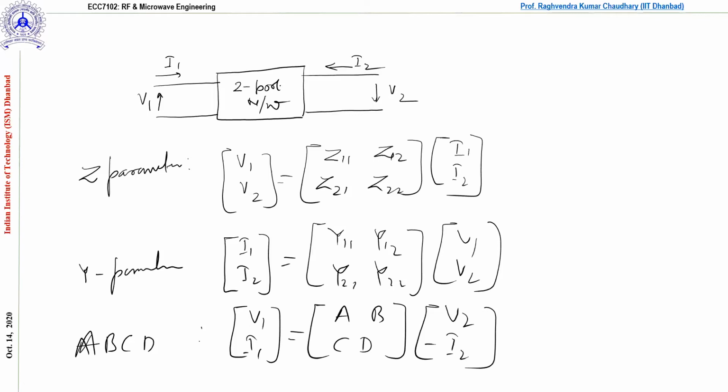Or in most cases where impedance matching and other things are involved in microwave engineering, we are using the impedance, otherwise admittance. Now this transmission parameter is very important because, as I told you in the very beginning, in microwave we have a number of active and passive devices, and we have to connect them in a cascade. So this is very important.